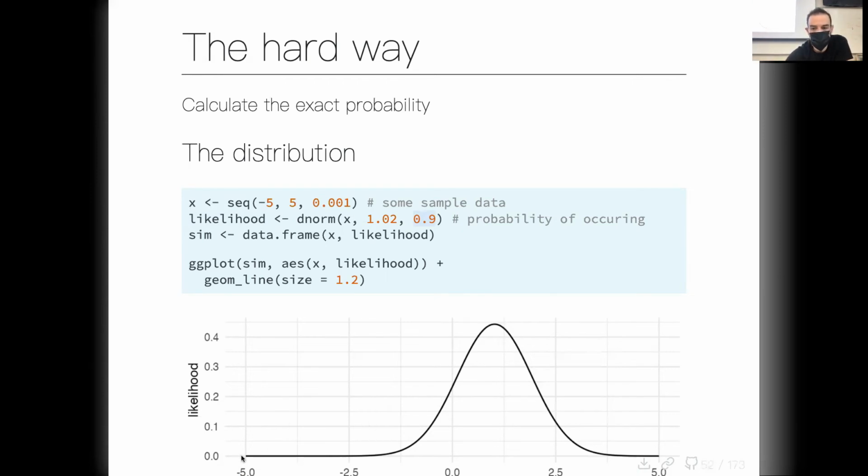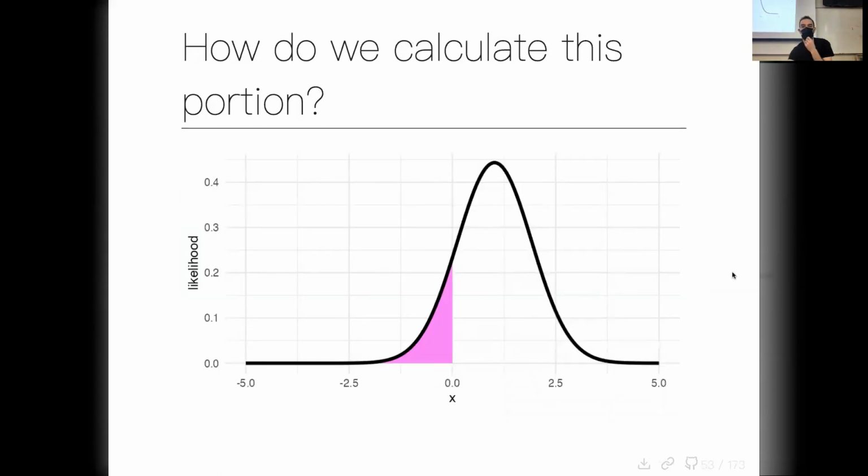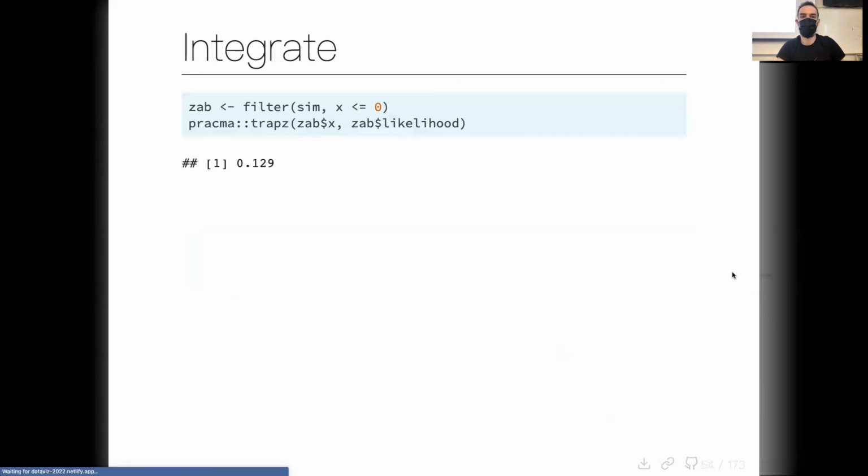You can see -5 would mean that the yellow party won by 5 points. That's almost a 0% probability. But these ones over here, there is some actual density under this distribution where the yellow party could win. So what we want to do is calculate this portion, from 0 over, the total area.